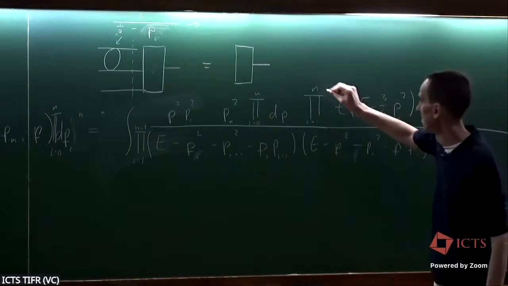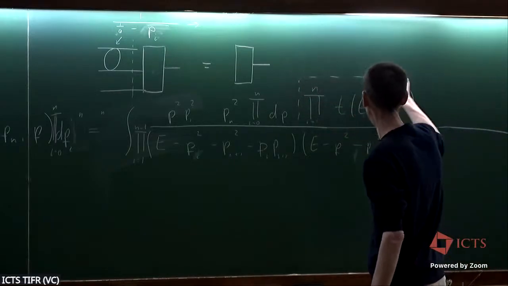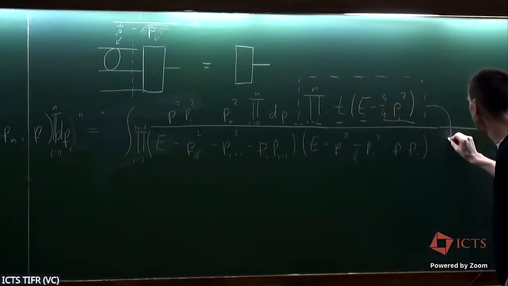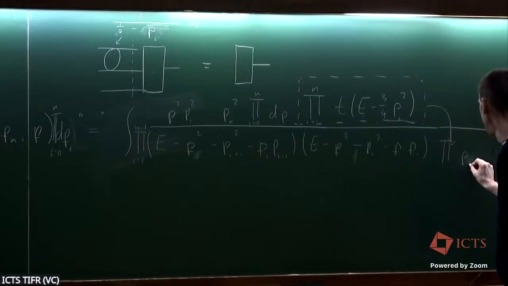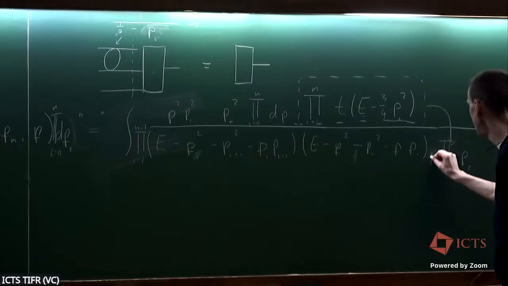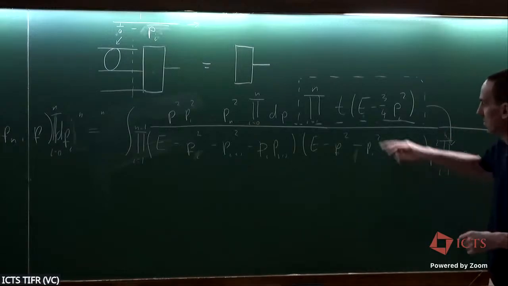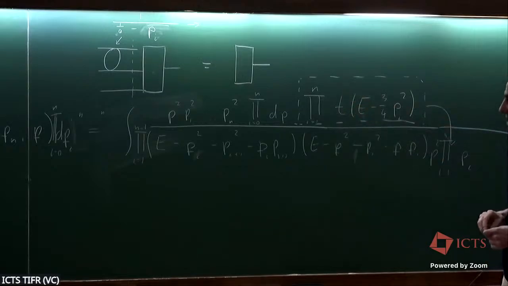So this here translates into a product of Pi's times E squared, i equal 1 to N, for each of the kernels.